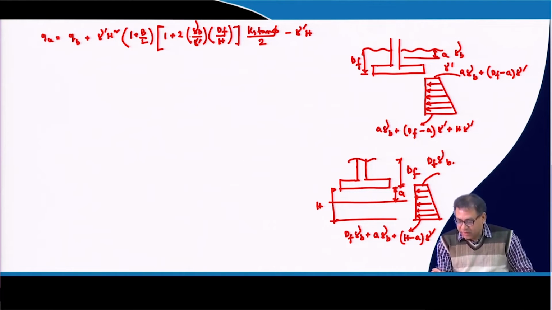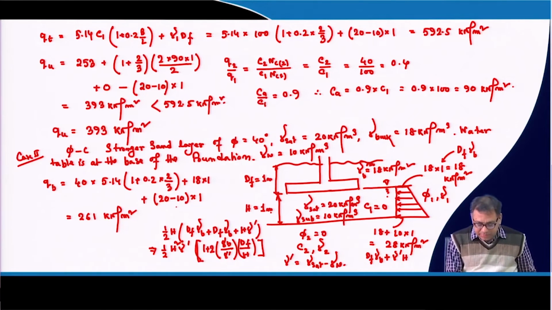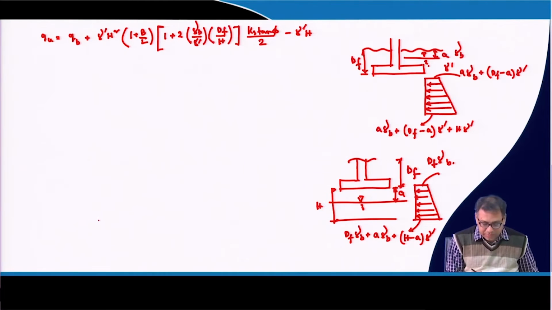Okay. So, now we can calculate this one, gamma df h, this is the water table, and here this is the water table. First we have already calculated the gamma b, which is the clay part, and it is 261 kilonewton per meter square.